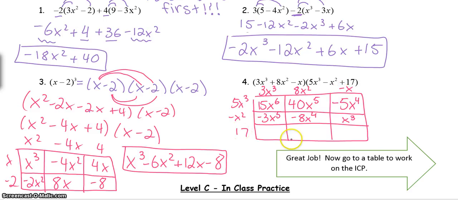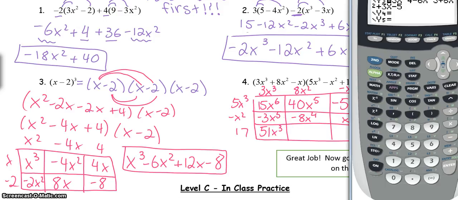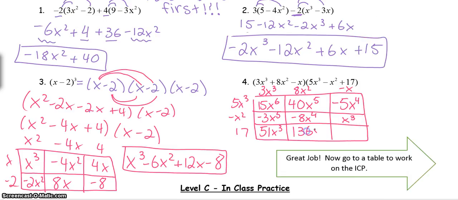And then let's see, 17 times 3 is 51, so 51x cubed. Ooh, 17 times 8. I'm going to pull up my calculator for that one. 136. Excellent. So 136x squared and negative 17x.